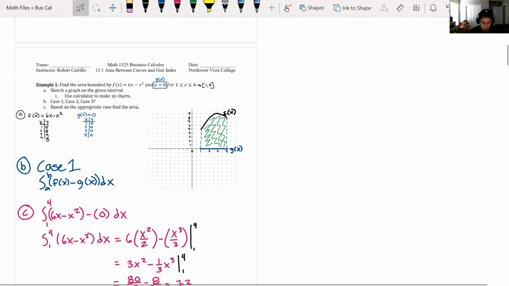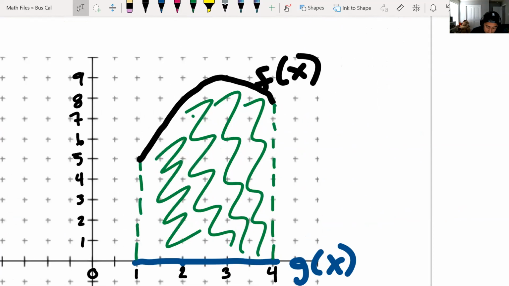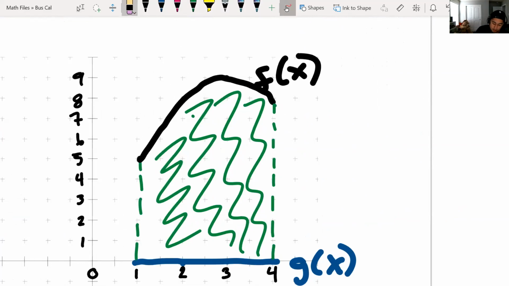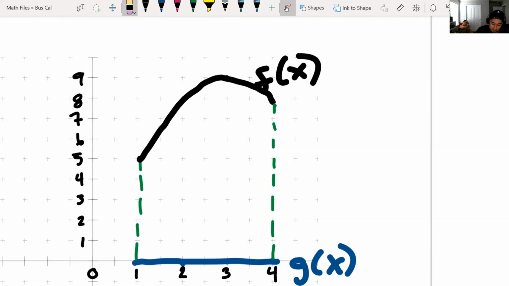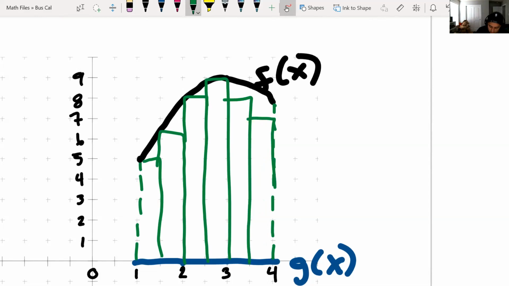So what you are actually looking at is the sum of the infinite amount of rectangles inside this area. So if I were to erase these squigglies and make rectangles inside here, well, I would have a rectangle here. I would have a rectangle here, here, there, there, and there.